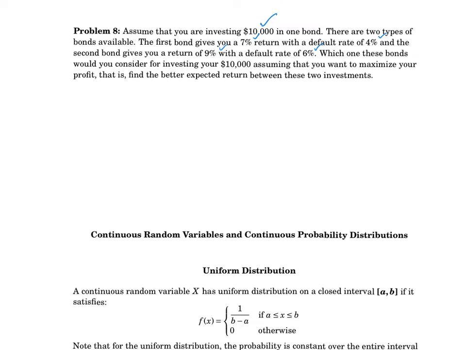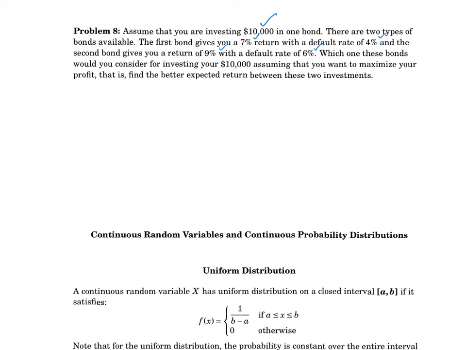Which one of these bonds should you consider investing $10,000 in, given that you want to maximize your return on the investment? So you just have to do the expected value calculation for the first bond and the expected value calculation for the second bond, and then see which one is higher. That's the one you want to invest in.